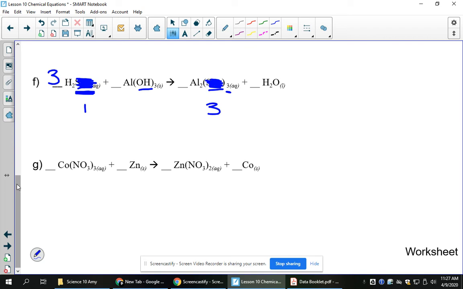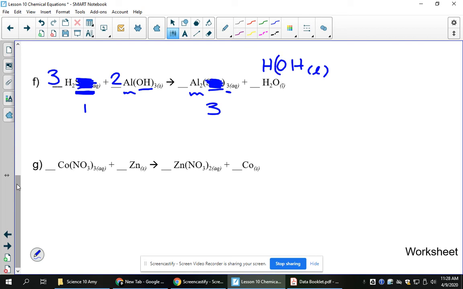Now that's changed my hydrogens, but what I see is I've got H2O on the product side. That's going to be my last thing I'm going to look at. Let's do the aluminums now. There's 2 here and 1 here. So I'm going to write 2 to balance the aluminums. Now the trick with the water is that you can actually write water as HOH.